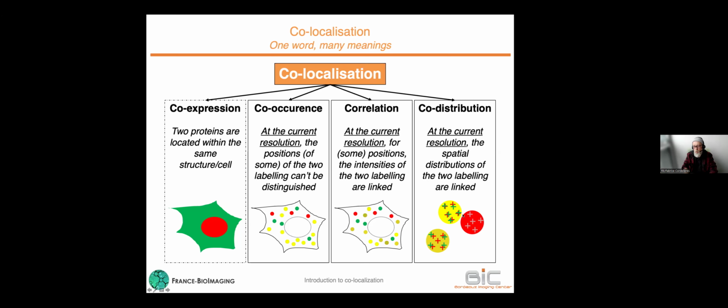But one pattern, for instance of the green protein, will influence the localization of the red protein without having a perfect match in terms of intensity or location. In this kind of situation, you will more likely call it co-distribution, not co-occurrence, not correlation, co-distribution.